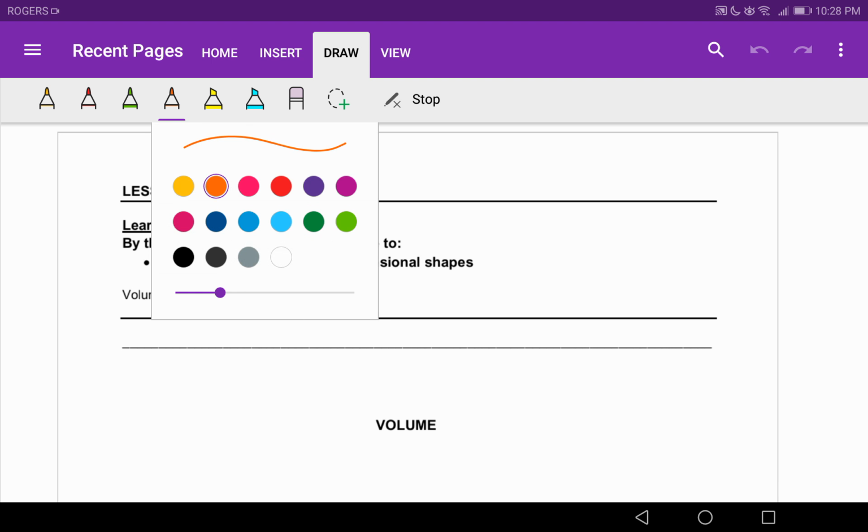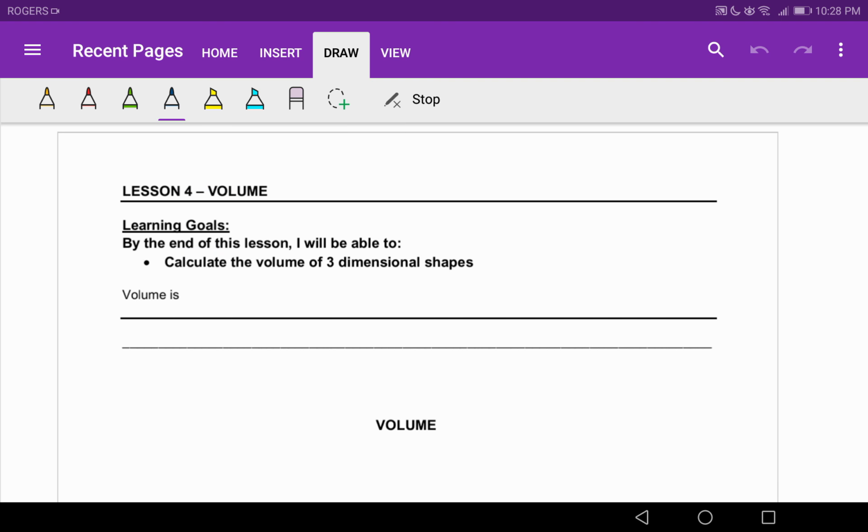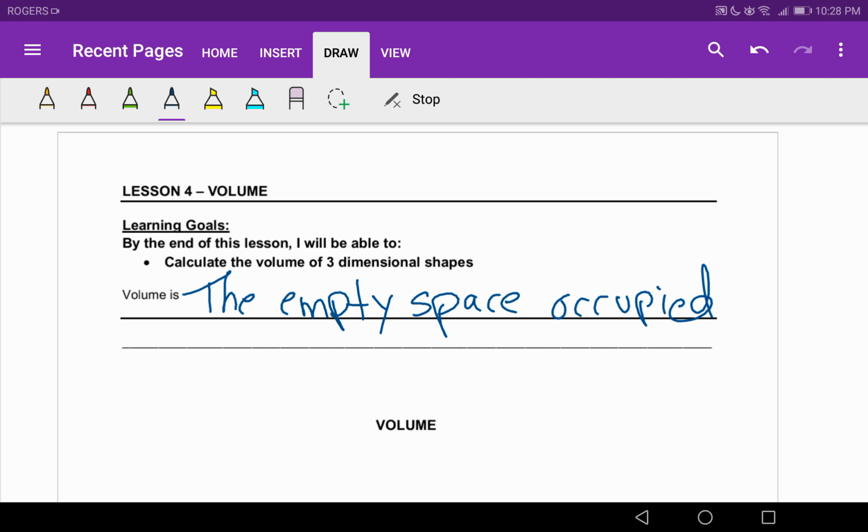Okay, so how would we define the term volume? Well, I would say that in its most simplest terms, it's the empty space occupied within a 3D shape or a 3D figure.